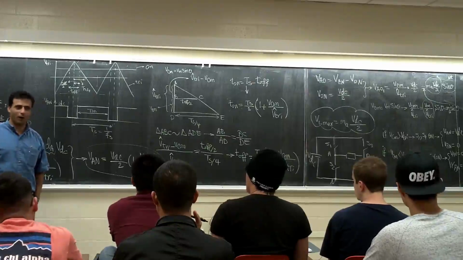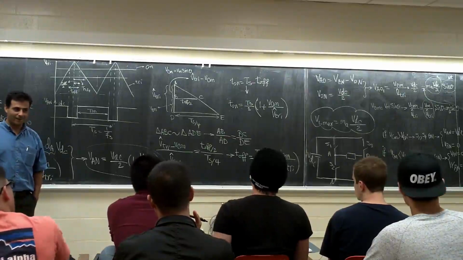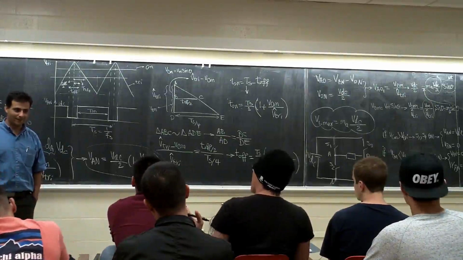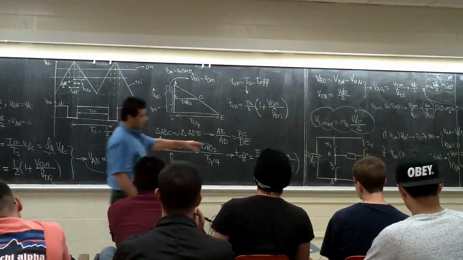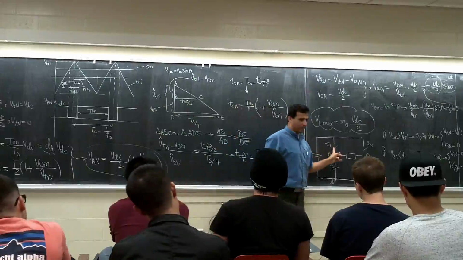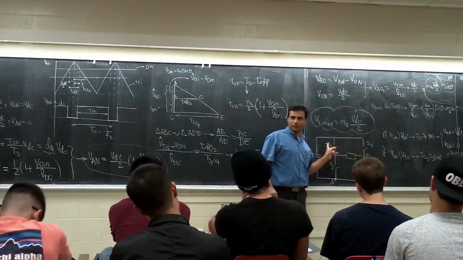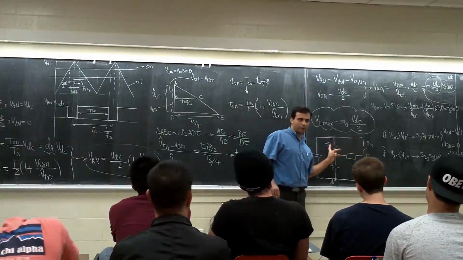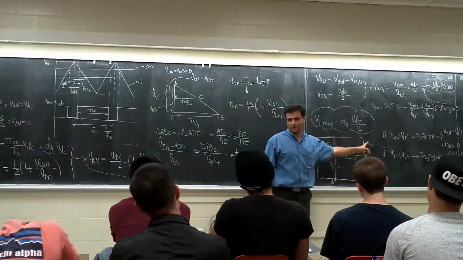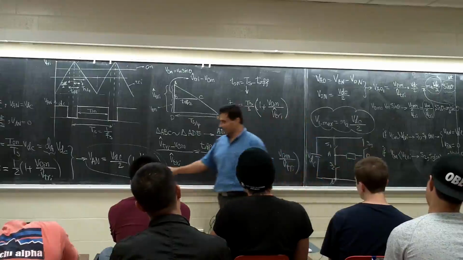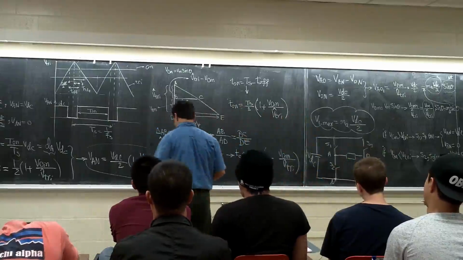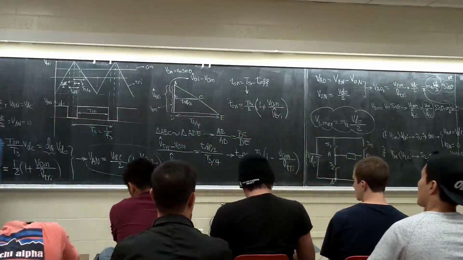T off. You're right, but why? Both switches cannot be on at the same time. Because if you look at here, we said if this one is on, this one is off, right? If this one is off, this one is on, right? So off time for this one is on time for this one. Basically, if I'm going to calculate the VBN, it's going to be like this.